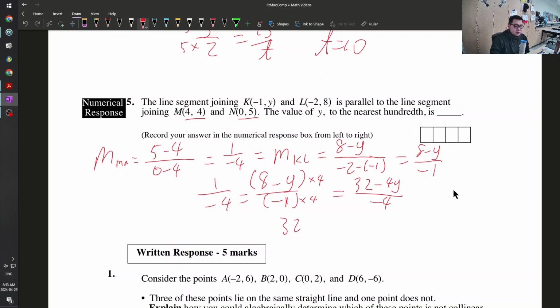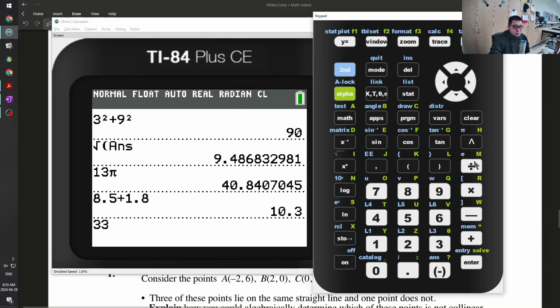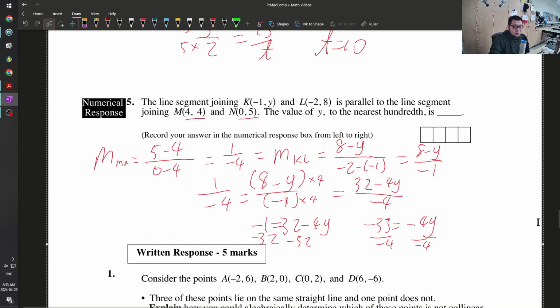So that means 32 minus 4y must equal -1. Subtract both sides by 32. I get negative 33 is equal to negative 4y. Divide both sides by negative 4. What's negative 33 divided by 4? 8.25.